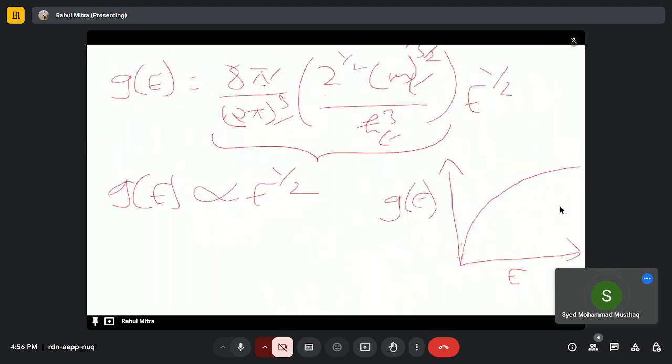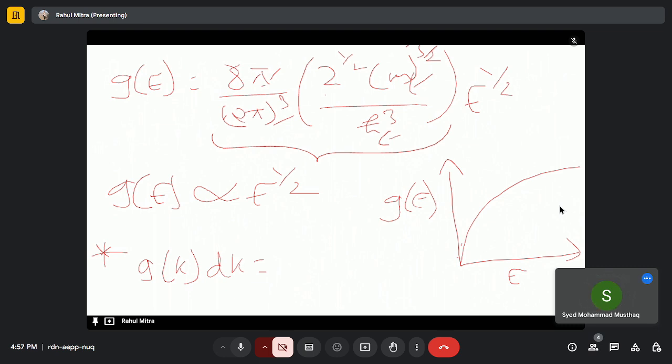For 2D, it becomes the surface. Now what happens with the surface? If we are talking about the surface, let me write it again. Now that G(k) dk will be equal to what?